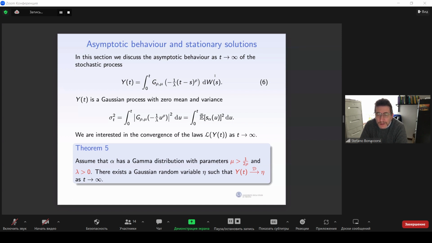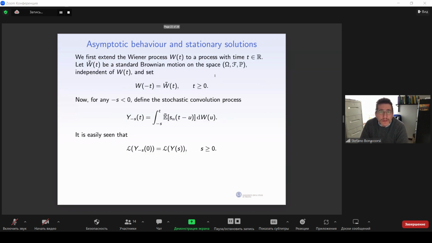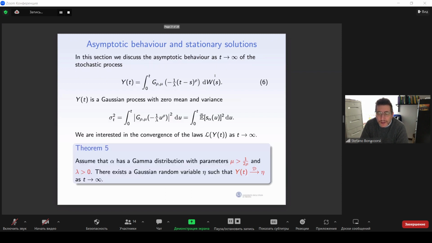And we still require the two assumptions that we said before: mu should be larger than 1/2 log, and lambda should be larger than 0. Moreover, this random variable eta is actually a stationary solution of the problem.